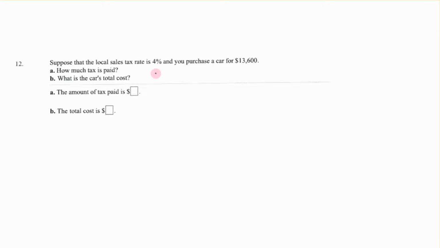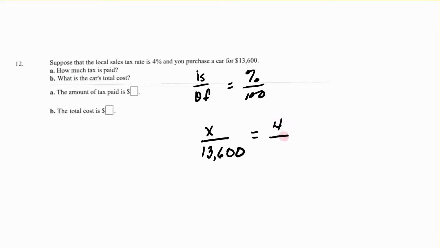Now, if you did the is over of equals percent over 100, you are saying what is, here's your of number, 4 in the percent. So what is, that's your unknown, 4% of that big number.